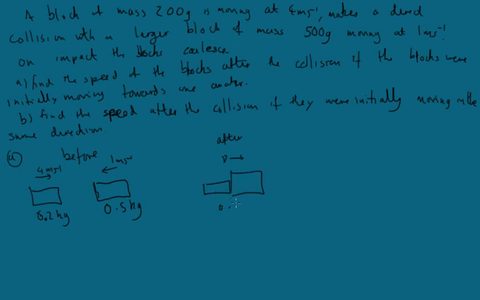So the total mass would be 0.7 kilograms because they've added together. So the total momentum before is going to be the mass 0.2 times 4 plus 0.5 times minus 1, because it's in the opposite direction. That gives us 0.3 Newton seconds.